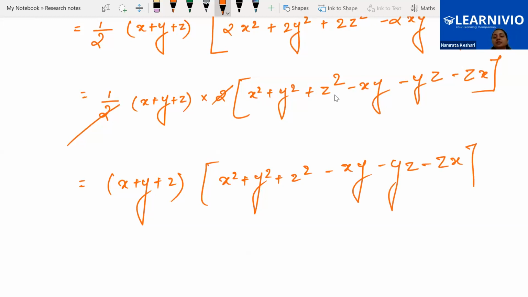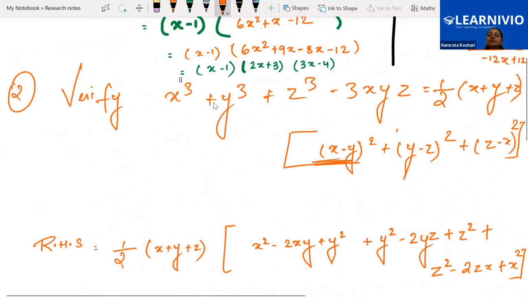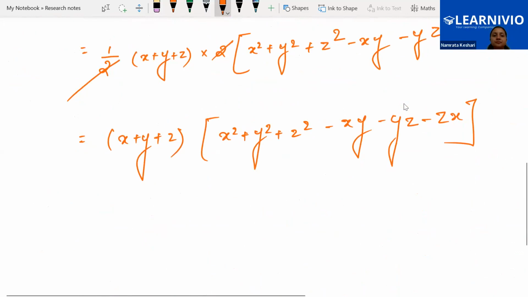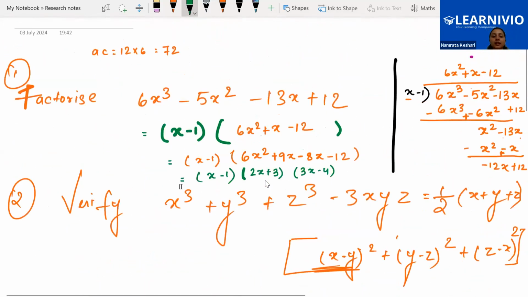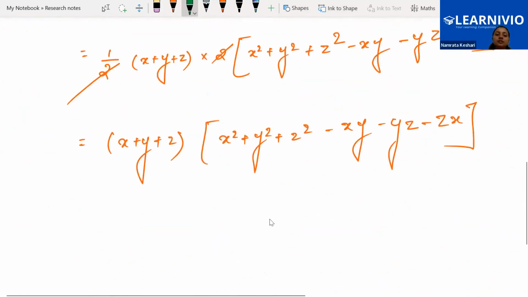Let's check whether it is exactly the same as the left hand side or not. In the left hand side we have x cube plus y cube plus z cube minus 3xyz. Do we have any formula? Yes, ma'am, we know there is a formula.